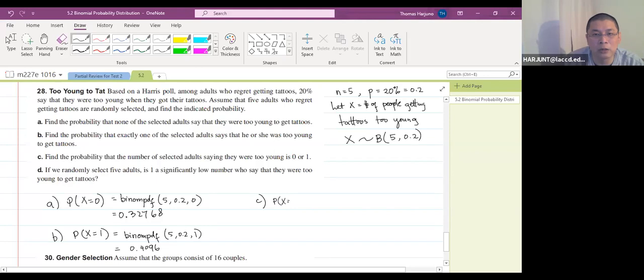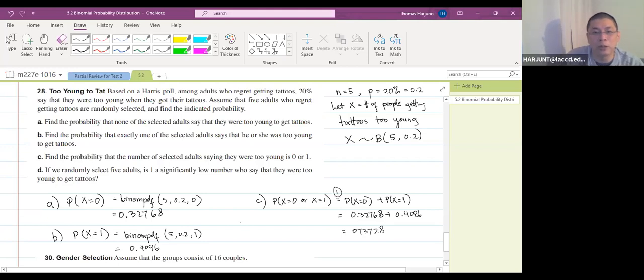The probability that x equals 0 or x equals 1. You can do this as the probability of x equals 0 plus the probability that x equals 1, both already computed in parts A and B. That's one way to do this. I get 0.73728.